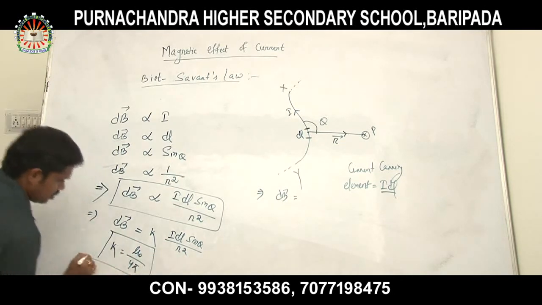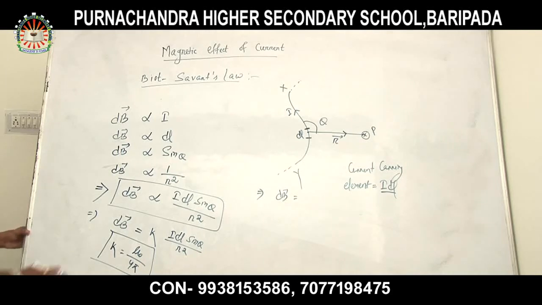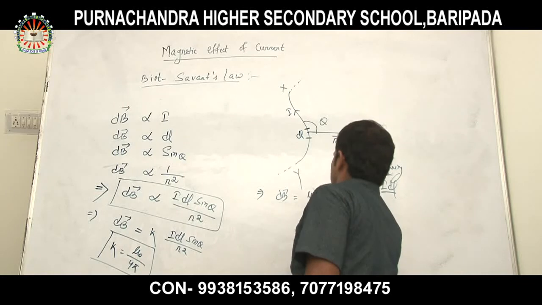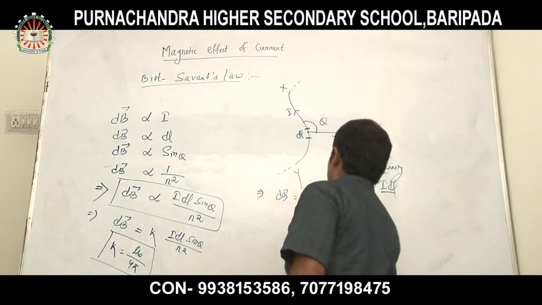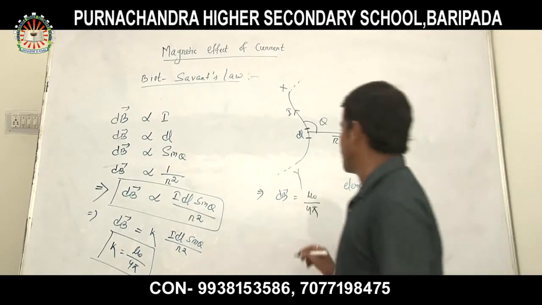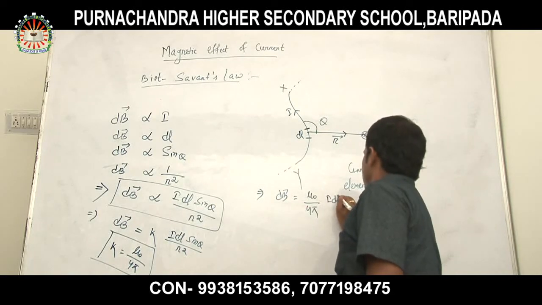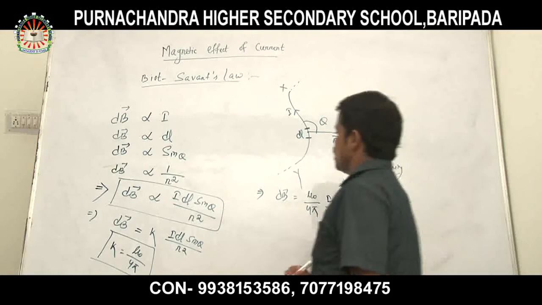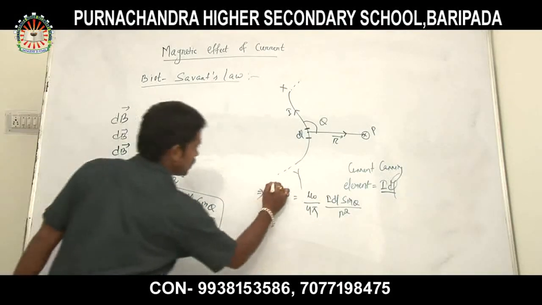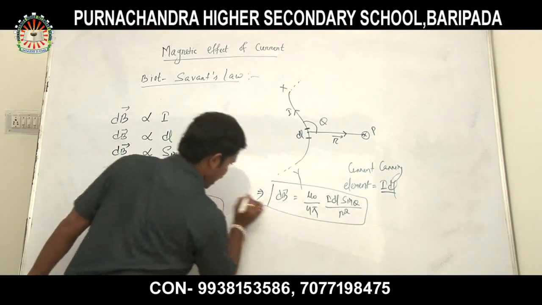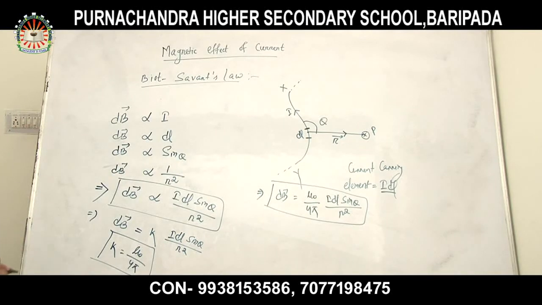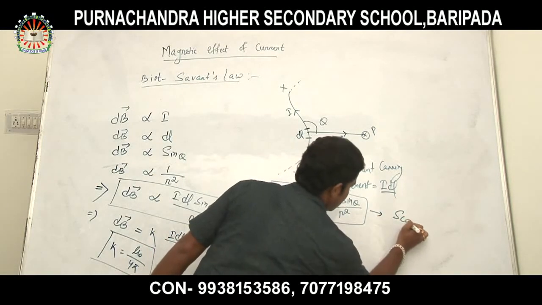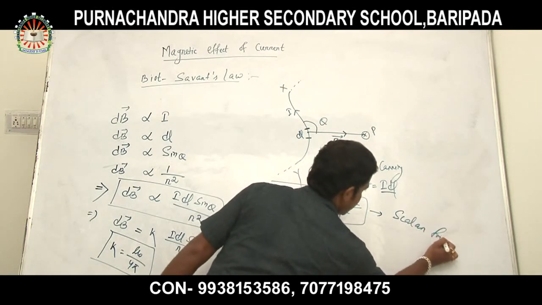Remember, k is mu 0 by 4 pi. So let us put the value here: dB equals mu 0 divided by 4 pi times I dl sin theta divided by r square. So this is the final expression of your Biot-Savart's law, but this is in scalar form.